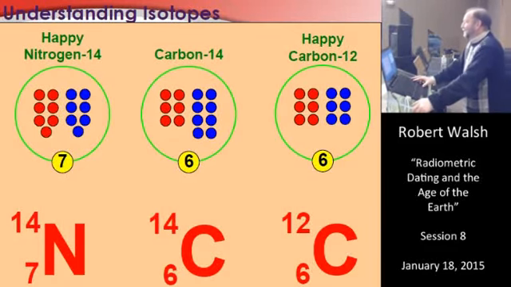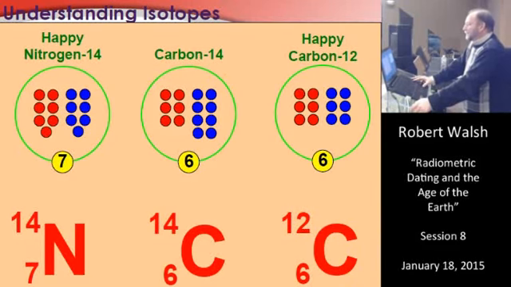Well, that's exactly what you see next to that on the right, the happy carbon-12 atom, if you will. And you can see there the carbon-12 has 6 protons, 6 neutrons, 6 electrons, and the chemical symbol then is a large capital C with 6 in the lower left and the atomic weight of 12 in the upper left.